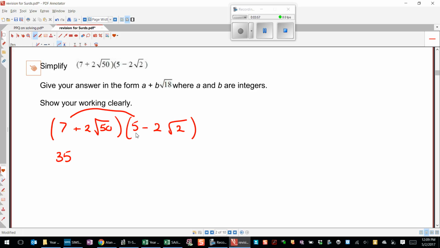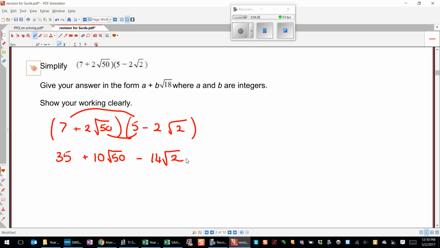What do you think that is? 10 root 50. That's 5 lots of 2 root 50s, so that gives you 10 root 50s. And then we've got 7 lots of minus 2, so that's minus 14 root 2s.